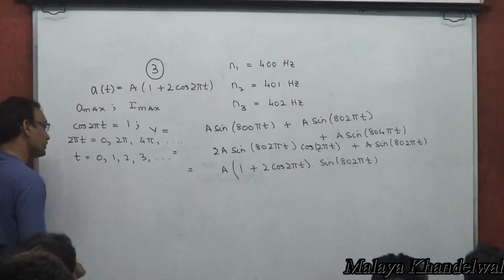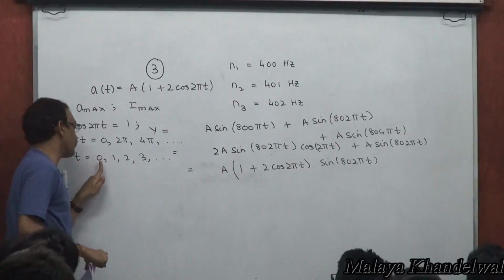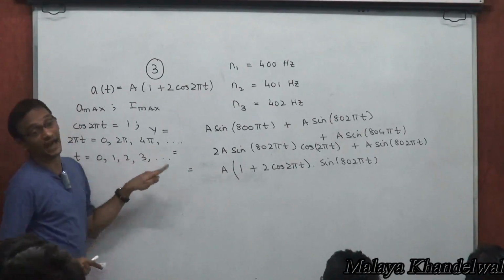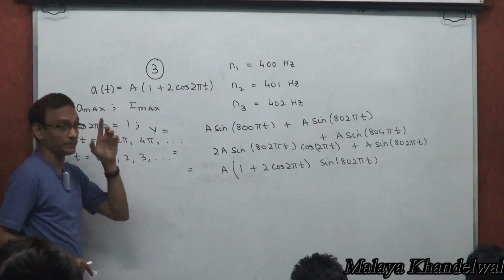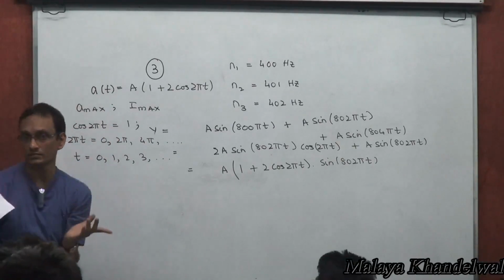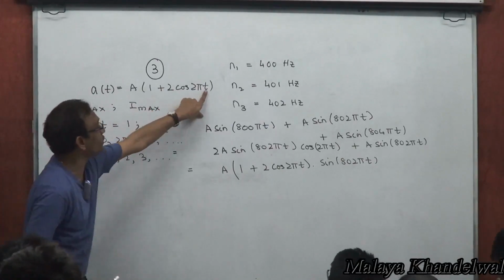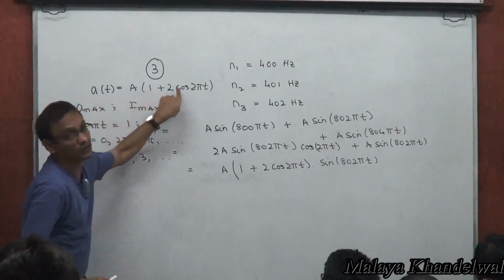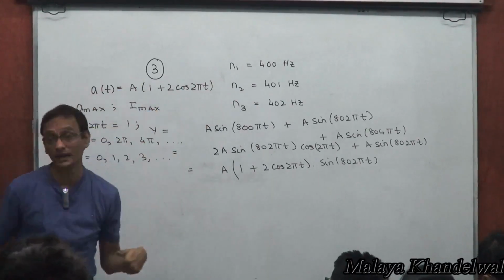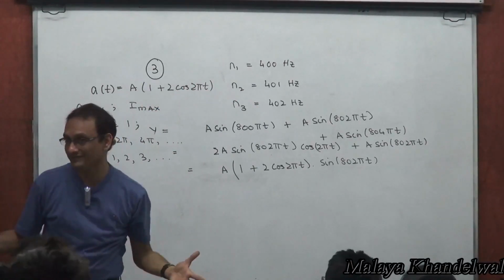Now, do you realize that from one maximum to another, 1 second has elapsed. And in this 1 second, from t equal to 0 to t equal to 1, all possible values of amplitudes and therefore all possible available intensities will appear.